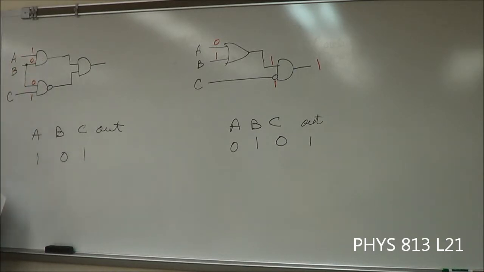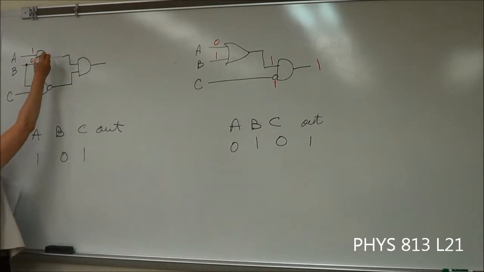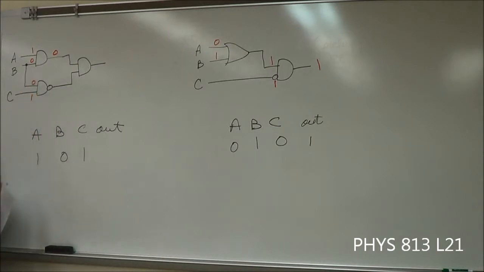So up here, 1 and 0 with AND. 1 and 0 with AND is 0. 0 and 1 with NAND is a 1. And then we have 0 and 1 again with an AND. 0 and 1 with an AND is a 0. Okay. So this output will give you a 0. And then of course it's up to you to go through and finish filling out the table.